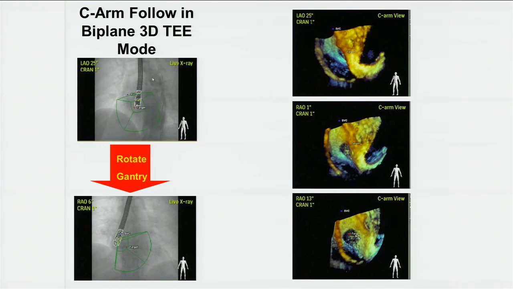So this is a view of the intraatrial septum, and here's the X-ray view, and the X-ray view going from LAO 25 to RAO 6. What is the parallel ultrasound view that corresponds to that X-ray? And we can see here the intraatrial septum.